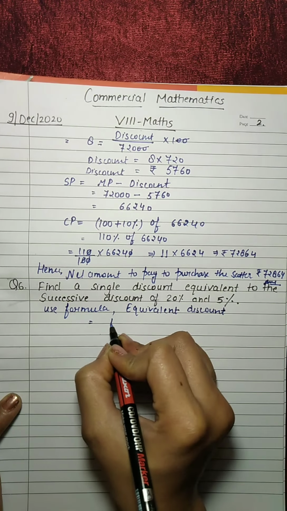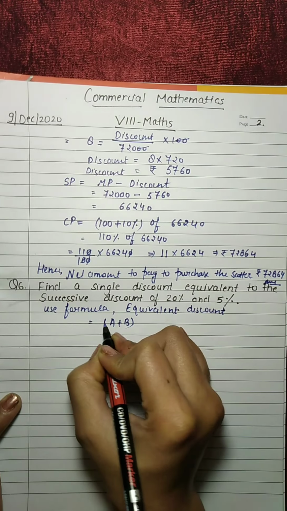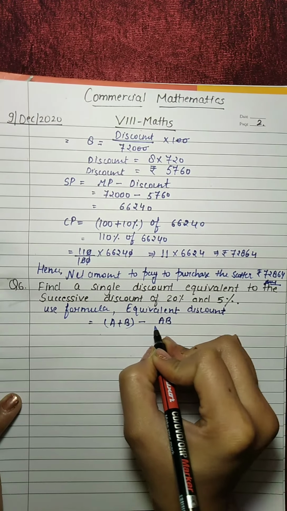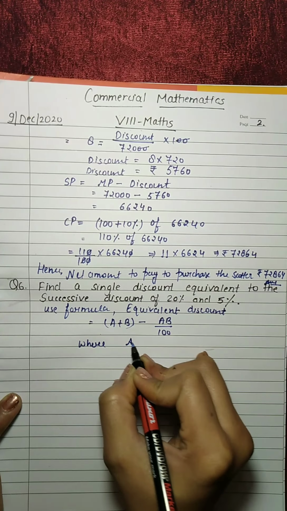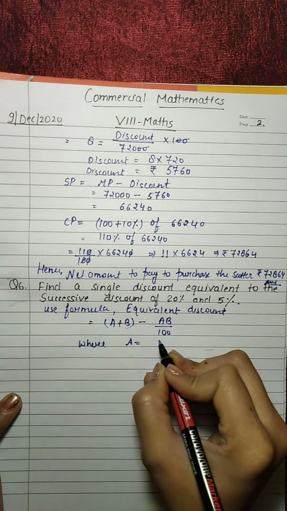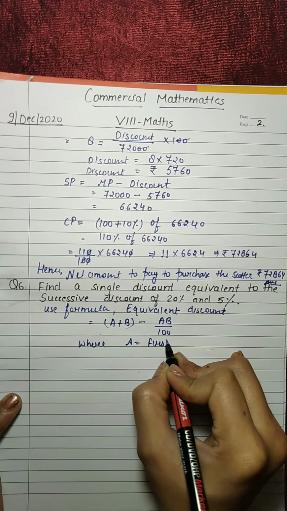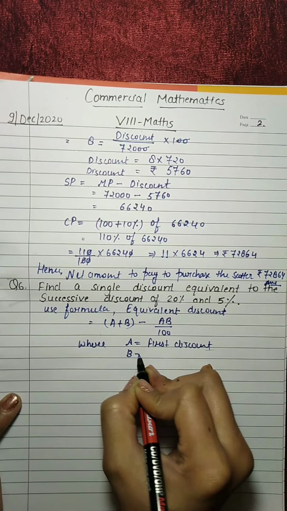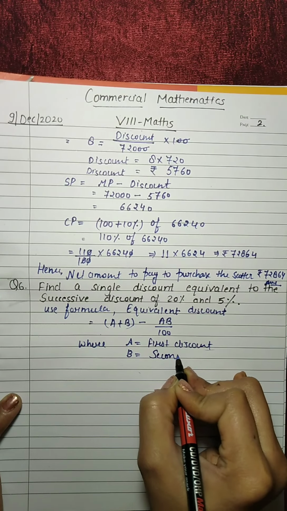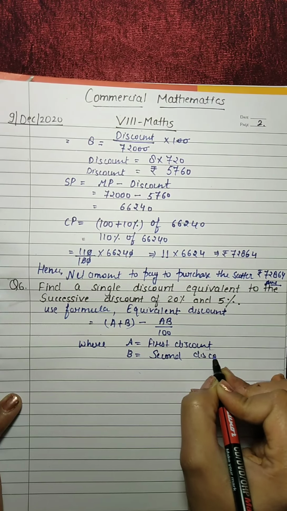Yes, that will be A plus B minus AB upon 100, where A is, yes, first discount, and B is second discount. Is that clear?